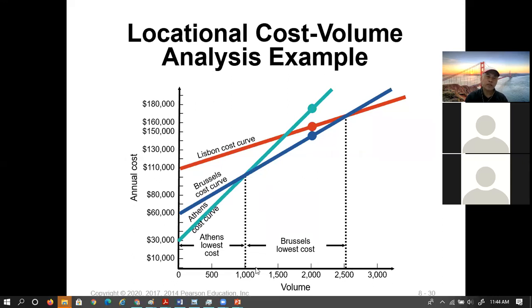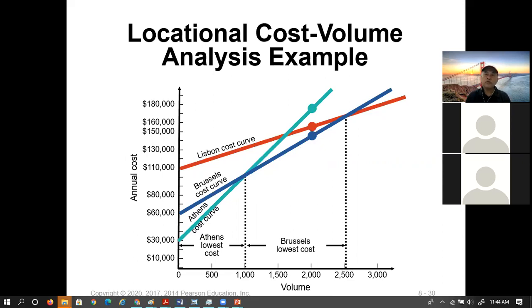Therefore, for production from 1,000 to 2,500, it is better to choose Brussels because it is the cheaper one. We invest and pay the operation cost, so then we can get the benefit, we can get the profit.